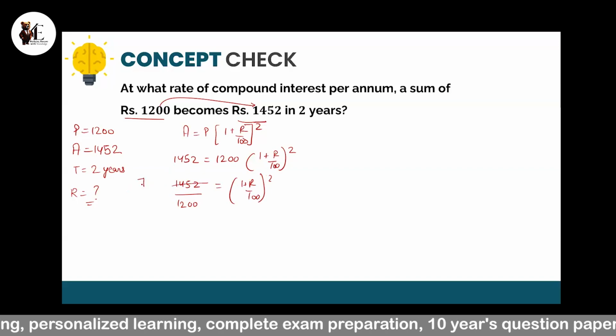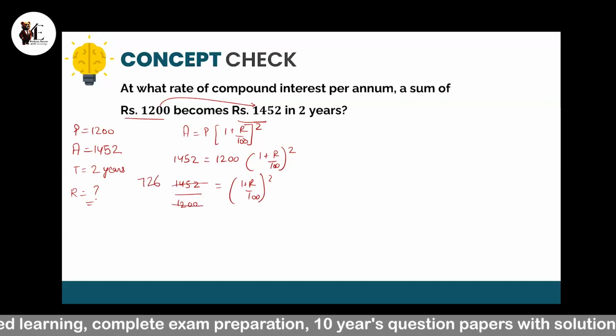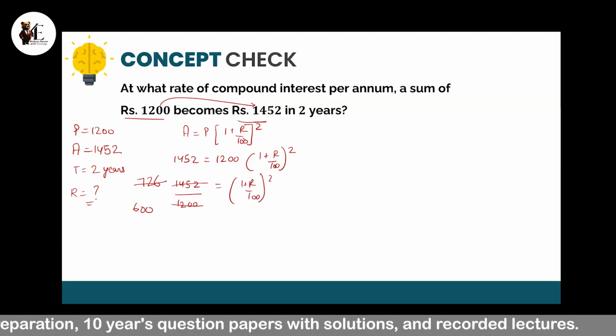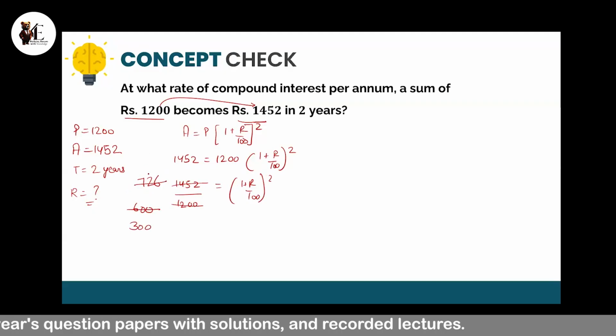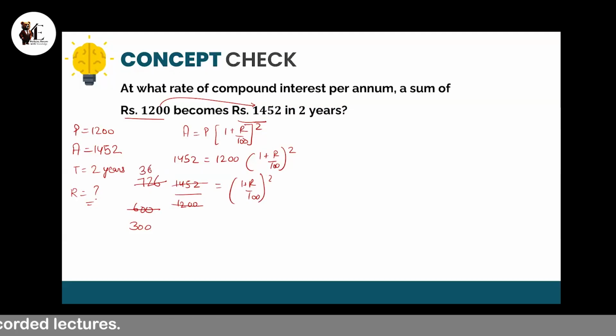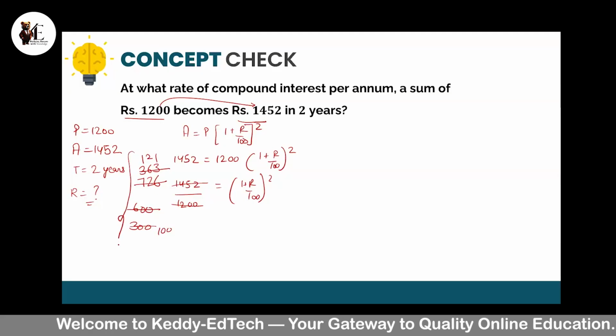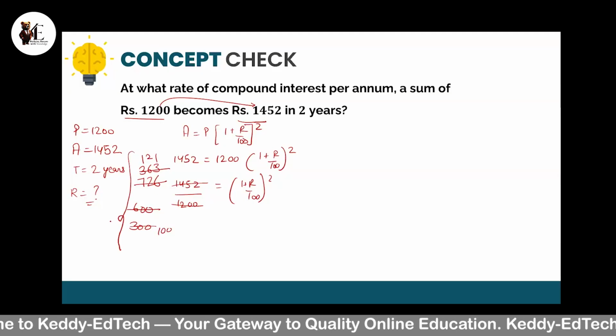That will be 726 and 600. Still both are divisible by 2, so 363 and 300. Now both numbers are divisible by 3, so that will be 121 and 100. You have to do the calculation manually here while calculating the rate of interest, because the calculator will not help in such cases.